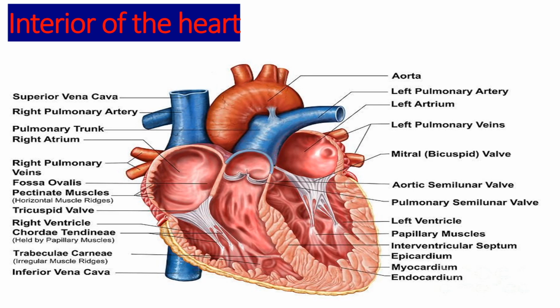In this diagram, you can see the pulmonary valve and the aortic valve. The pulmonary valve guards the flow of blood to the pulmonary artery, and the aortic valve guards the flow of blood to the aorta. These are the semilunar valves.